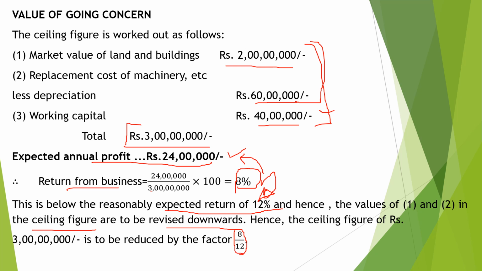Here, 12 is the expected return and 8 is the return you are getting if you have an expected annual profit of 24 lakh. So we will multiply the total value of 3 crore by the factor 8 by 12.